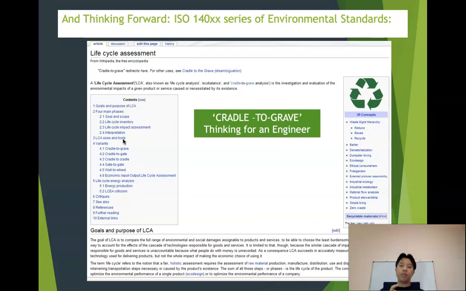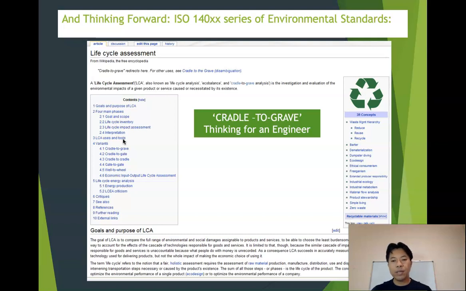Now we want you to think forward. Other than standards that require you to follow noise requirements and vibration levels, there are other standards that we call life cycle assessment. Life cycle assessment is a sustainability indicator of your product. Which means, is your product able to be recycled? Is your product using recyclable materials?